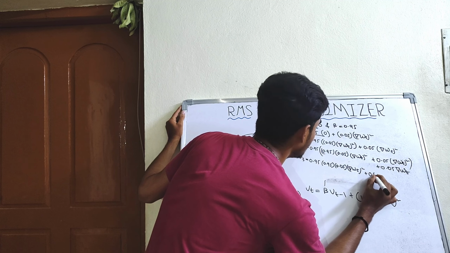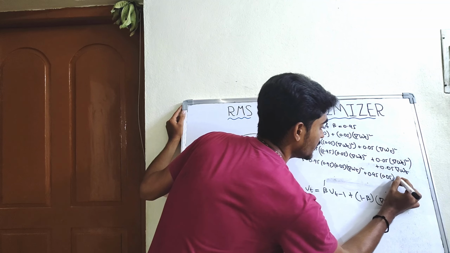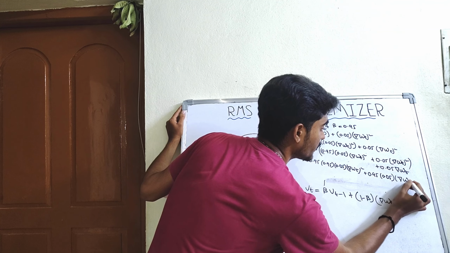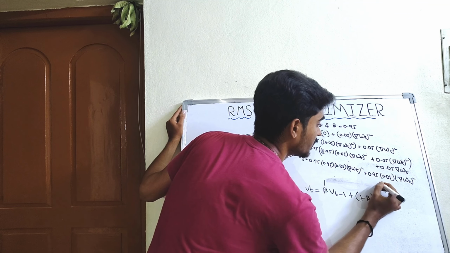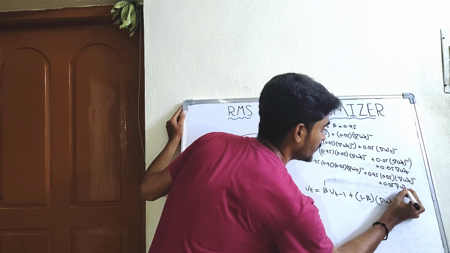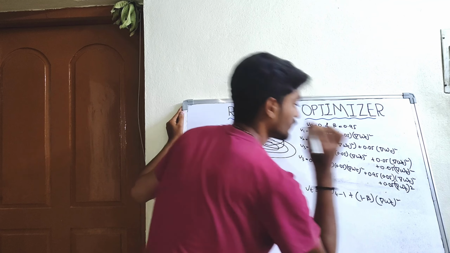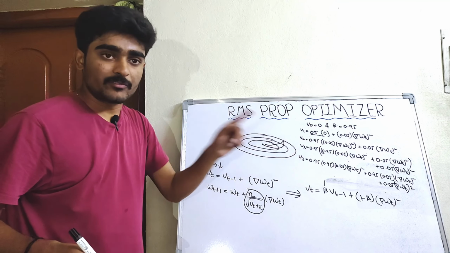Then the next term is 0.95 into 0.05 into delta W3 whole square, plus 0.05 delta Wt whole square. This is the entire V3 value.